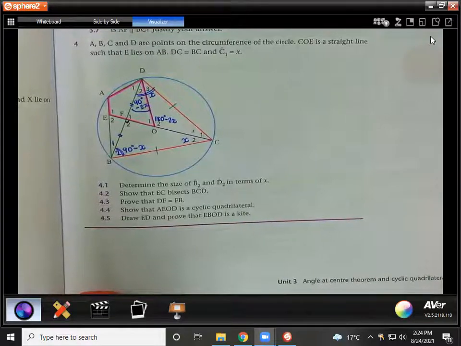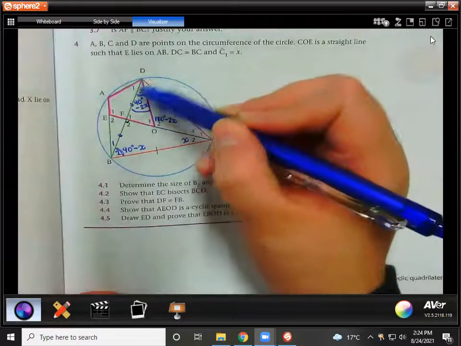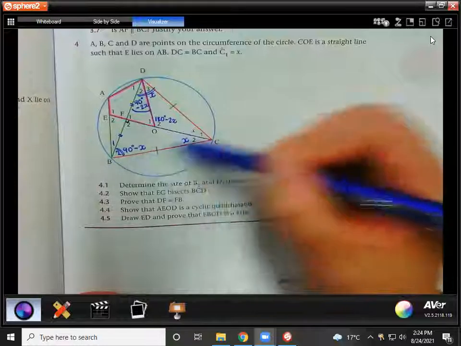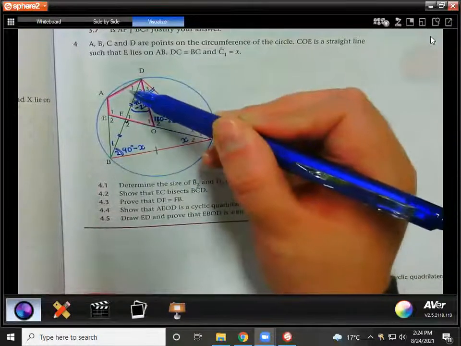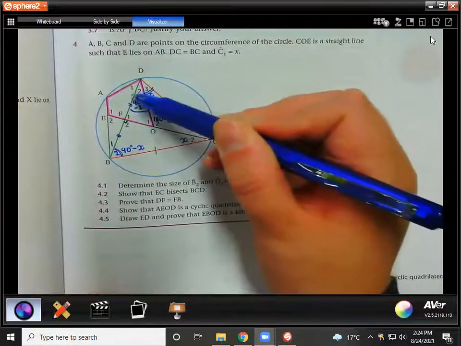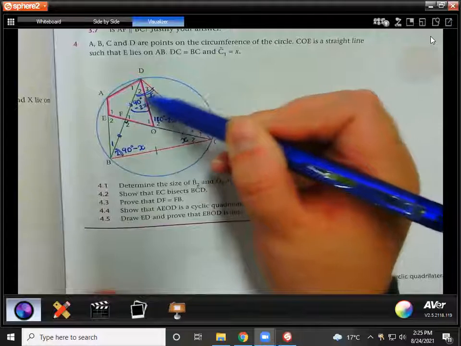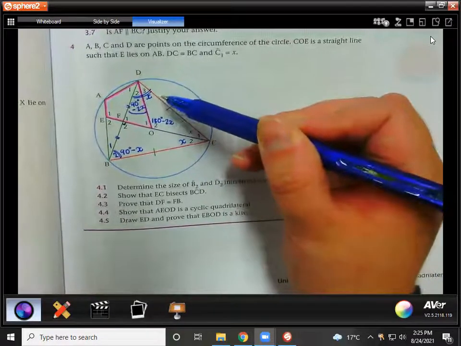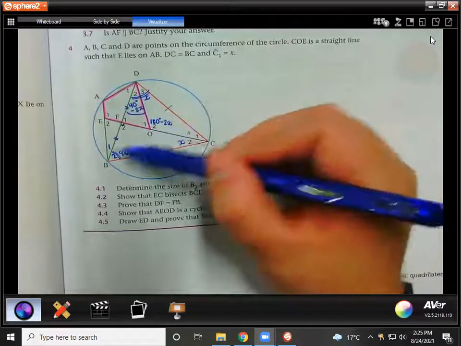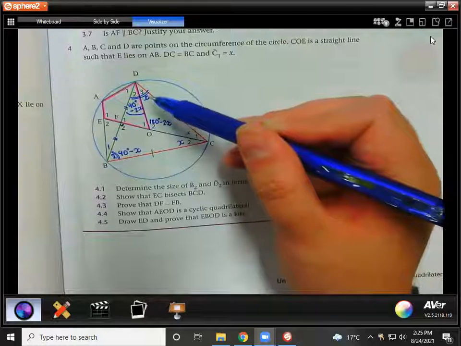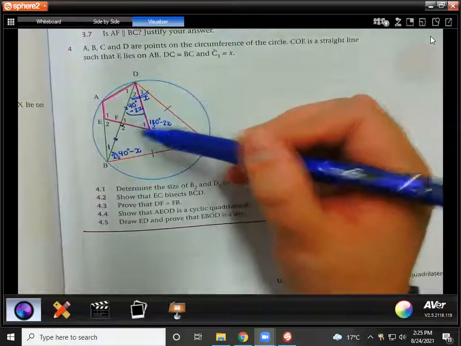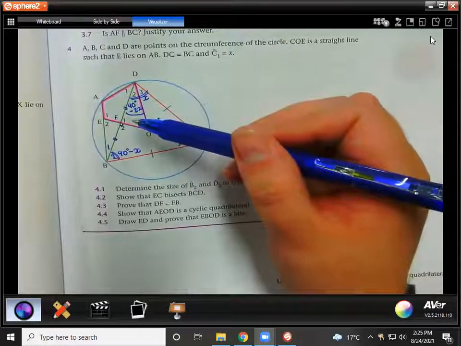Because of angles opposite equal sides. Do we see that? This is an isosceles triangle. So that angle is supposed to be those two angles together. Okay? And we already had x. So if I know that this one, 90 minus x, is supposed to be x plus another one, we can figure out what D3 should be. All right, so that's what I did there.